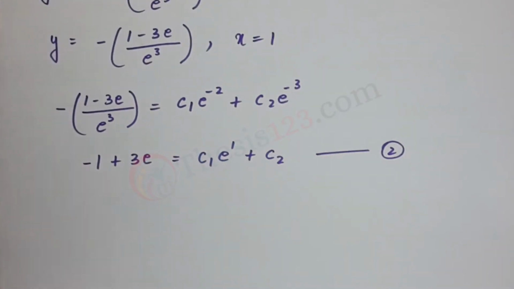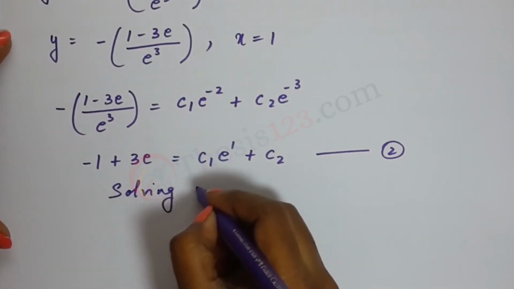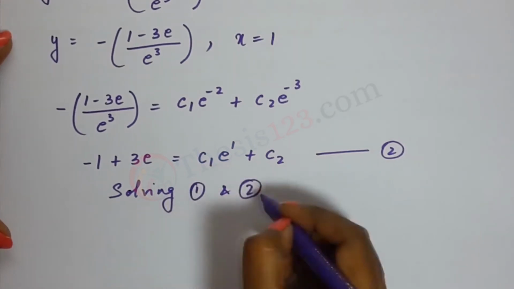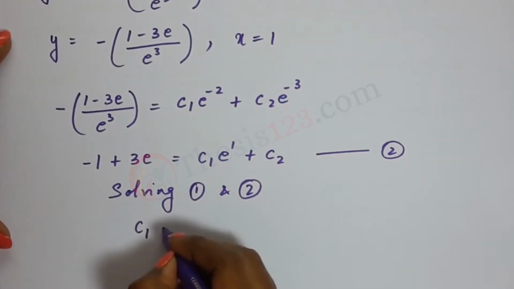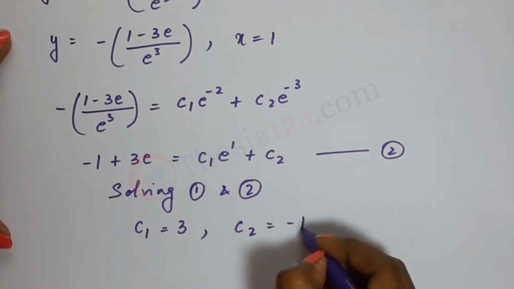Now we have two equations in terms of c1 and c2. If we solve equations 1 and 2, we will obtain the values of c1 and c2. I'll leave that part of solving to you since that's basic algebra. Solving equations 1 and 2, you will obtain c1 = 3 and c2 = -1.